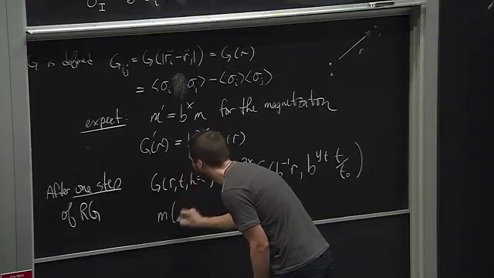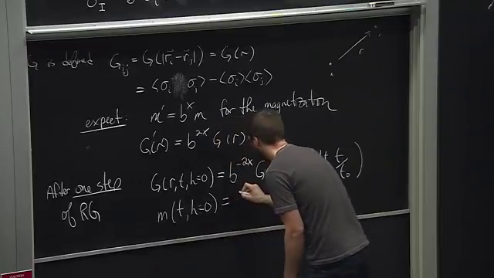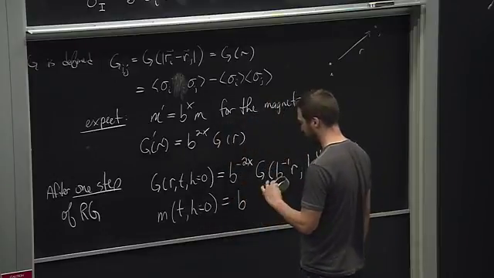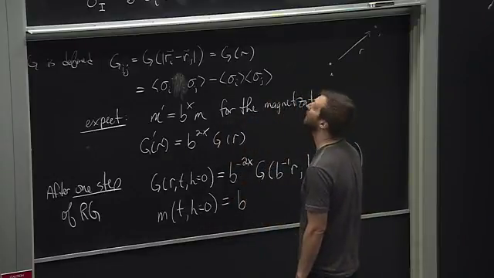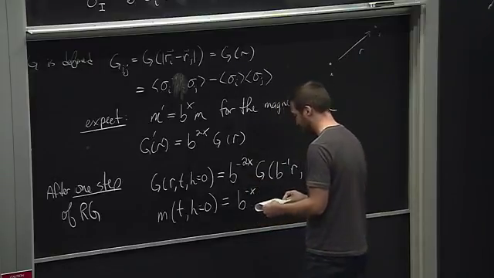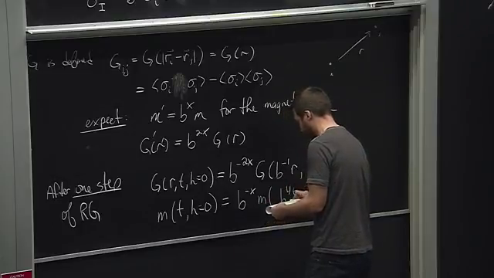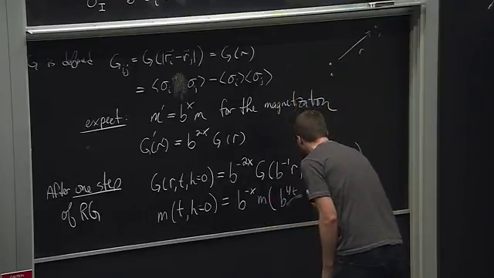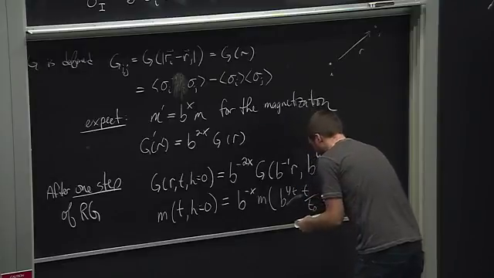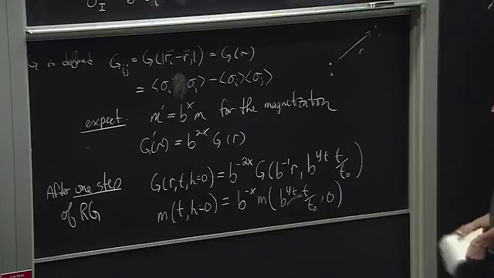There's no R anymore, t, h equals 0. So b to the minus x, m of t over t naught.